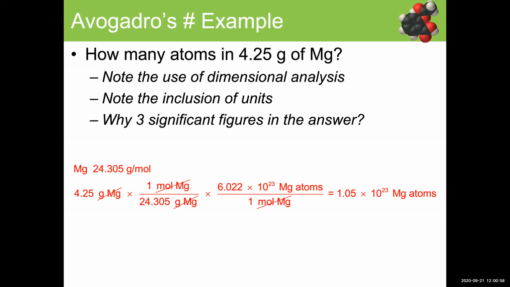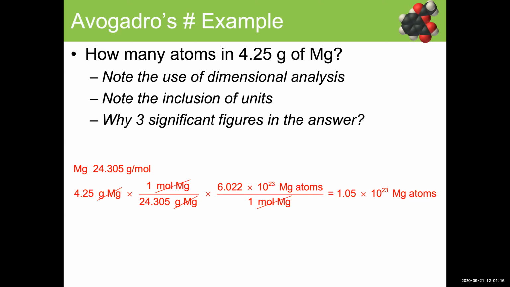They ask a question here: why are there 3 significant figures in the answer? Anyone have a thought on that? That's what you started with. Yeah, that initial weight of magnesium, 4.25, had 3 significant figures.